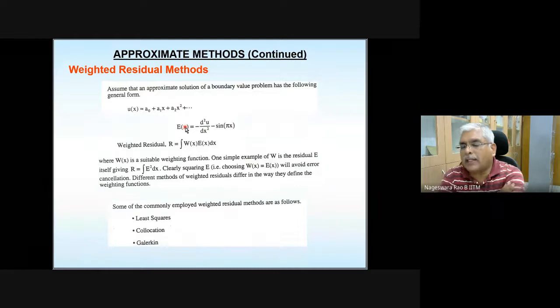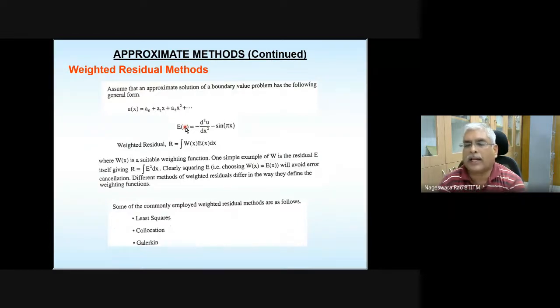But that way of doing it is not correct. Why? Because at some location between 0 and 1 the error may be positive, and at some location the error may be negative. If you sum up the error over the entire domain, it may turn out to be 0, but in fact the error may be large at some locations.